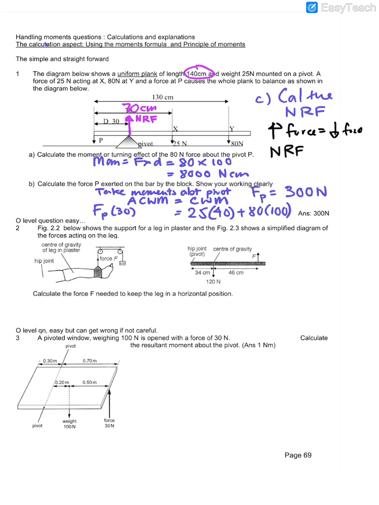So NRF, short form, normal reaction force equals 300 plus 25 plus 80. So what is the answer? 405, right? Okay, 405 newtons.